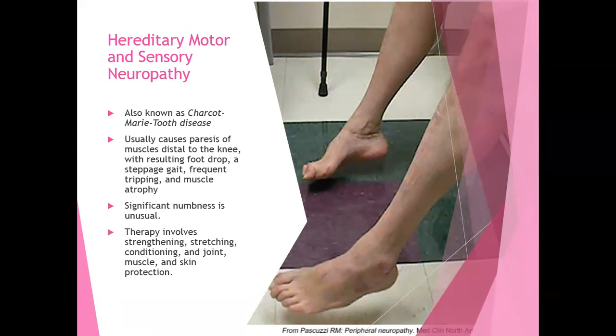A lot of times they have to end up using some sort of assistive device, but that's not usually until much later in life. So a lot of people that have HMN or CMT, whichever one you want to call it, I hear both, know they have it. They know it runs in their family, and they come into therapy. They're working on dealing with it the best they can, which is great.